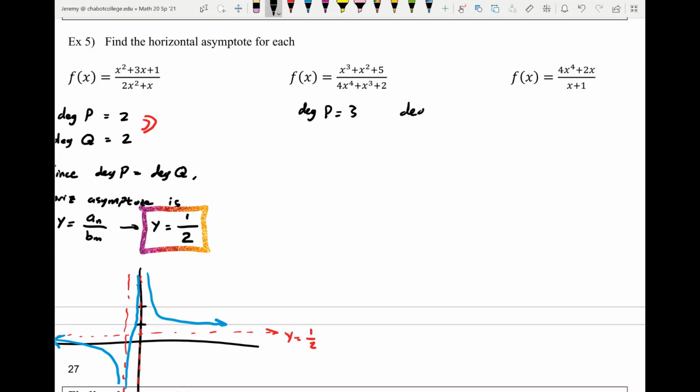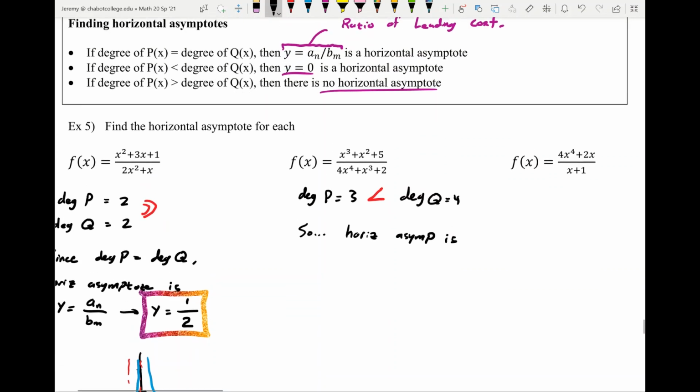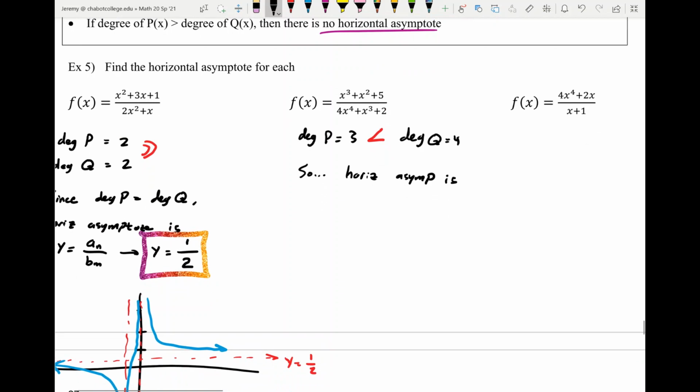The degree of q is 4. So the degree of the numerator is less than the degree of the denominator. So that means that the horizontal asymptote is going to be, by this rule, y equals 0.